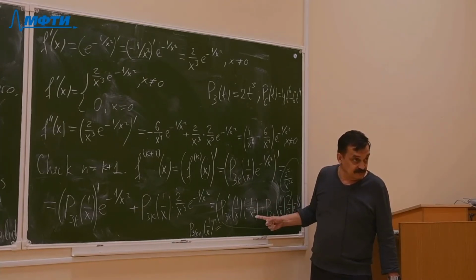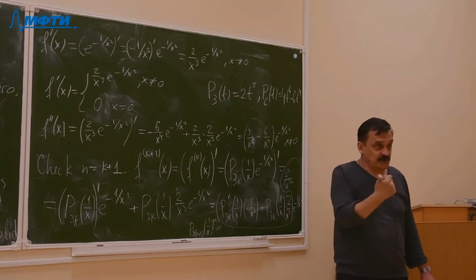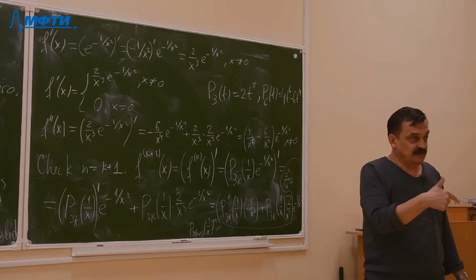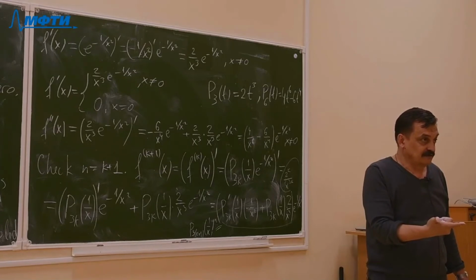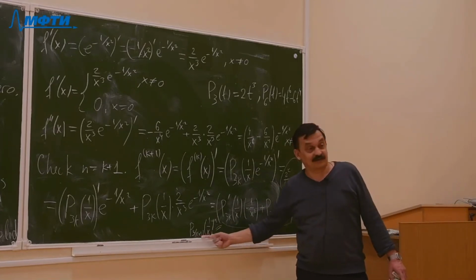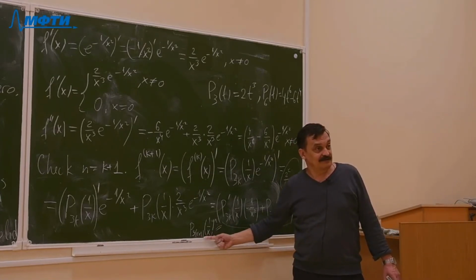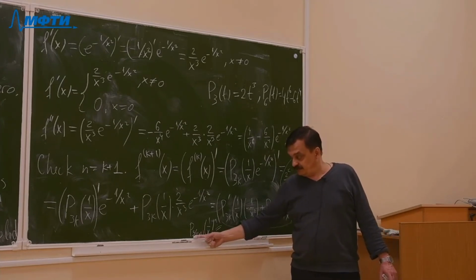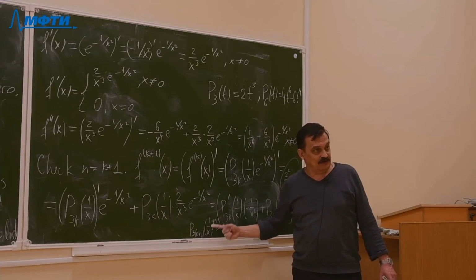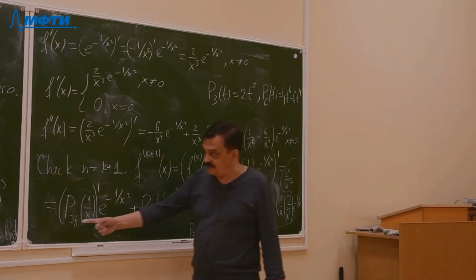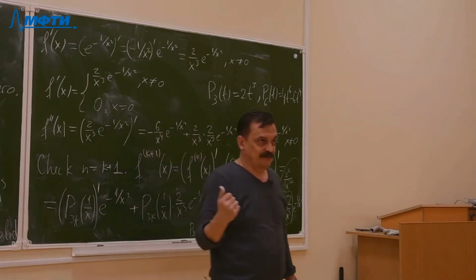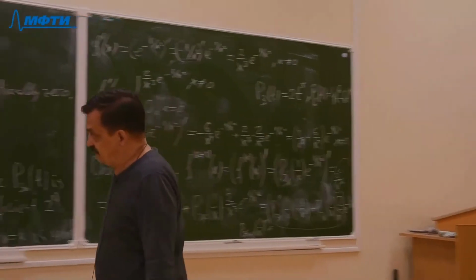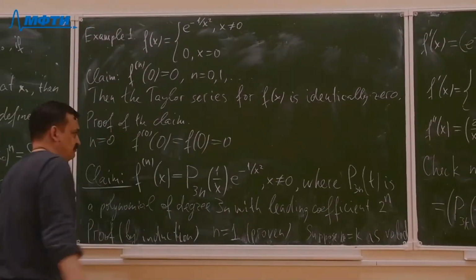Second power, right? 3k minus 1 plus 2, that is 3k plus 1, right? 3k plus 1 is less than 3k plus 3, right? So, indeed we have precisely a polynomial of degree 3k plus 3 of 1 over x with leading coefficient 2 to the power k plus 1. So, this claim is proved, right?